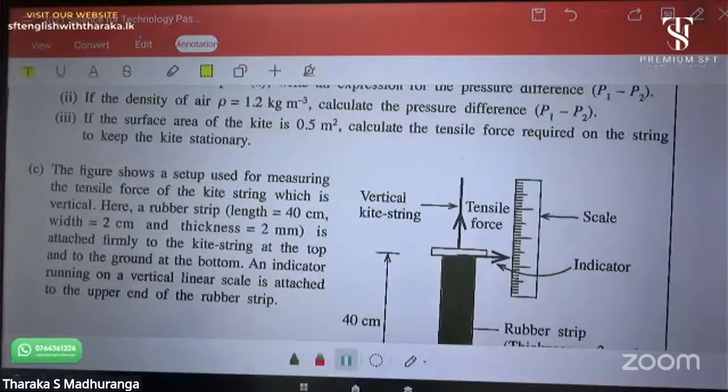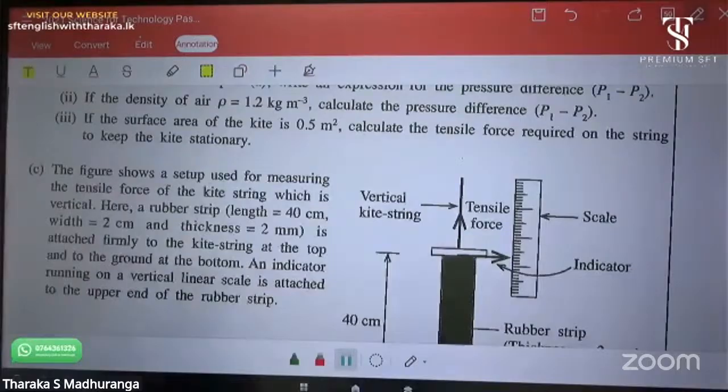The figure shows a setup used for measuring the tensile force of a kite string which is vertical. Here, a rubber strip of length 40 centimeter, width 2 centimeter and thickness 2 millimeter is attached firmly to the kite string at the top and to the ground at the bottom.